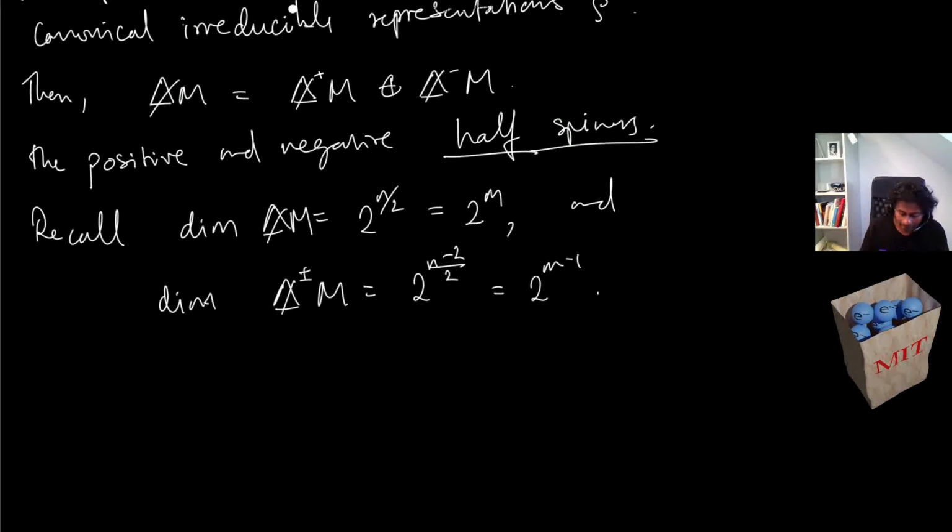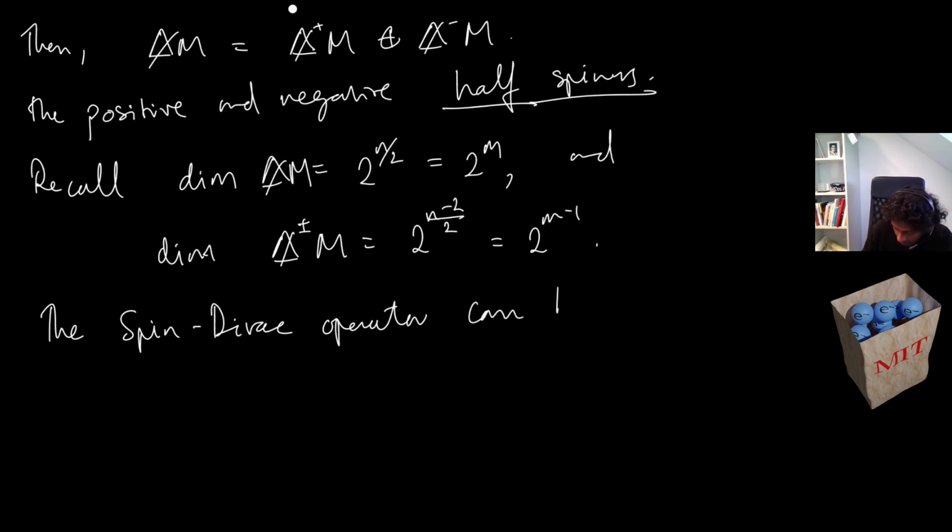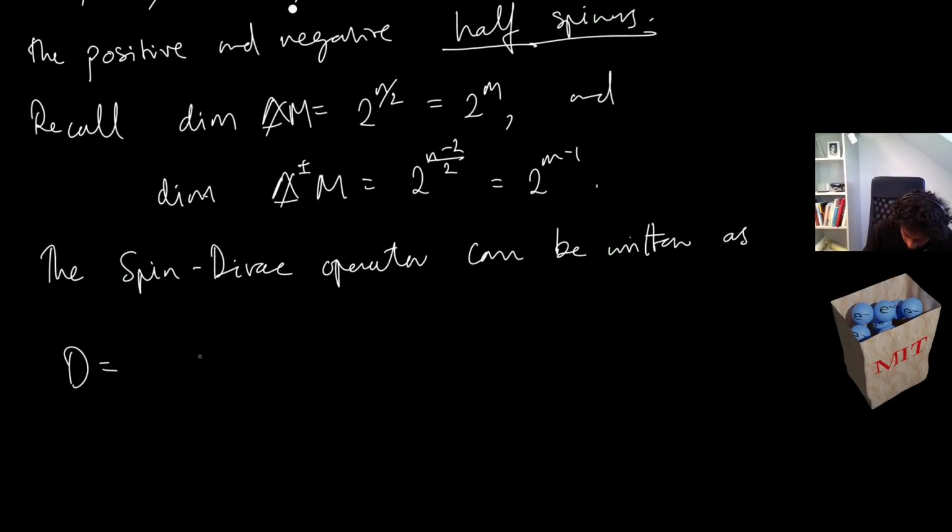With respect to this splitting, we have some projectors, so the Dirac operator also splits. The spin Dirac operator can be written as D equals D plus D minus.